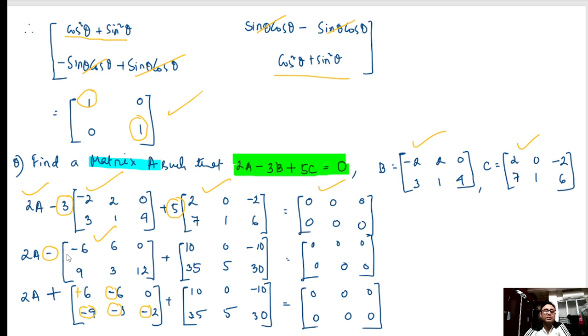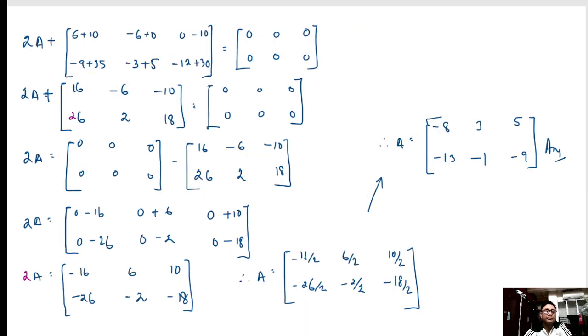We have multiplied with this minus, and now we will add these two matrices. Okay, so when we add the two matrices, the result becomes this. See, we are adding the same position elements. So the result becomes this.